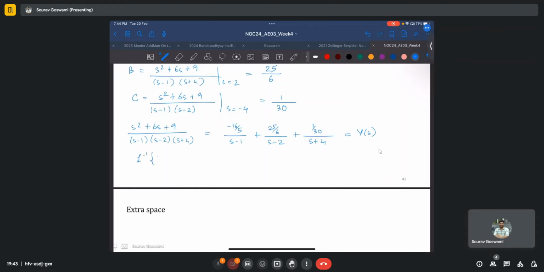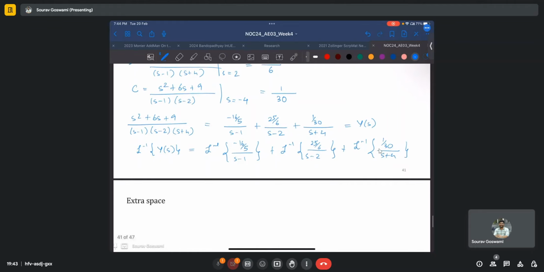Laplace inverse of Y of s will equal the Laplace inverse of minus 16 by 5 by s minus 1, plus the Laplace inverse of 25 by 6 by s minus 2, plus the Laplace inverse of 1 by 30 by s plus 4. Laplace inverse of Y of s is but y of t.